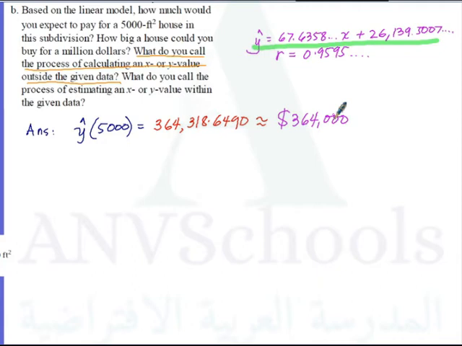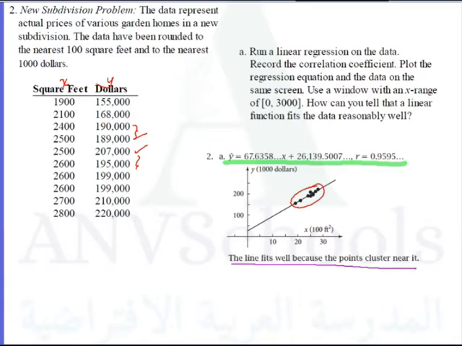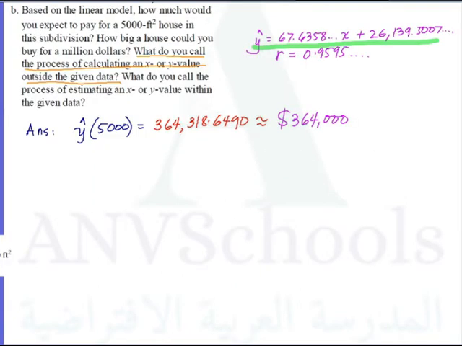How big a house could you buy for $1 million? Do we have $1 million here? No, we don't, right? So we're going to use the process of extrapolation.